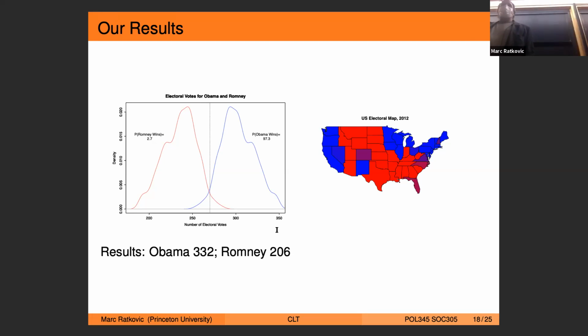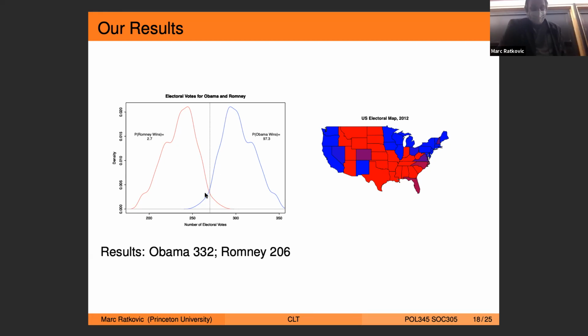So for every state, we created a new poll that we pretended was the actual election outcome, where the new poll was created from a normal generated around the existing polls. So we were simulating a whole bunch of different election results. Then using a loop, we did that 10,000 times.